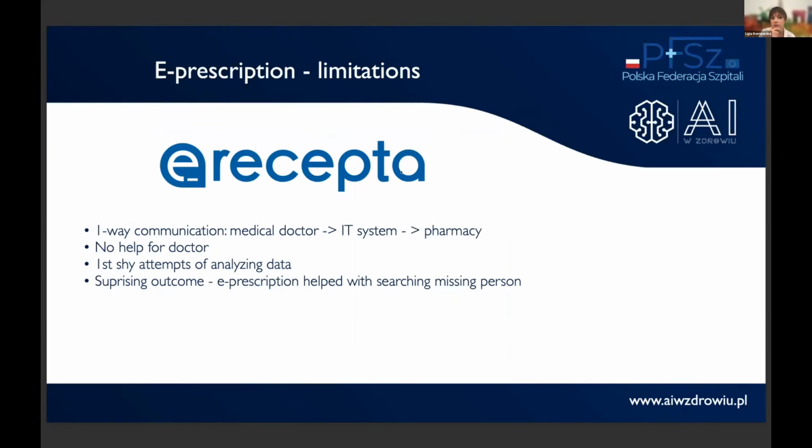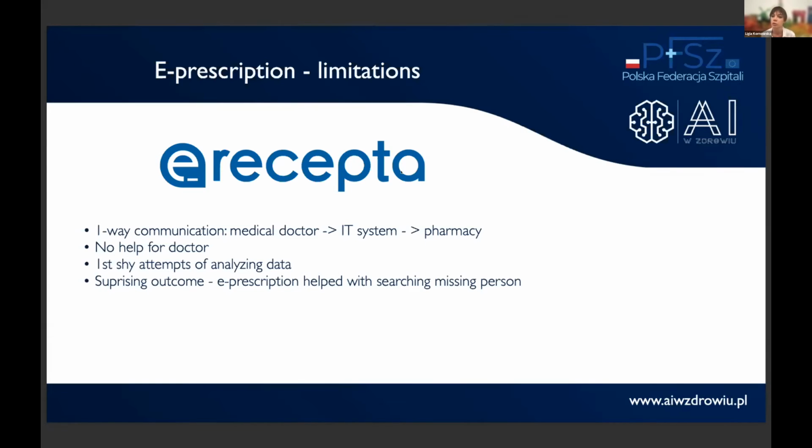So, limitations of that. We are very proud of that system, but we are aware that there are some limitations to it. For example, the P1 system secures only one-way communication. The communication is about a medical doctor prescribing something and saving it to the system, and then the system communicating with, for example, a pharmacy or a patient.